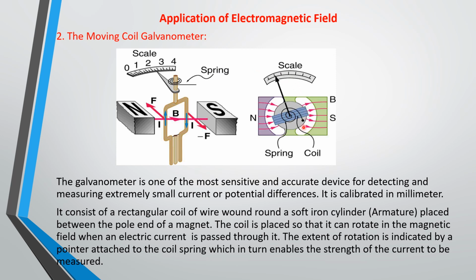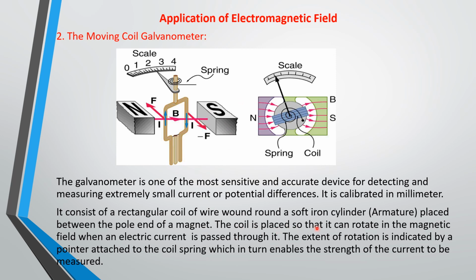What does the galvanometer consist of? It consists of a rectangular coil, just like the electric motor. If you look at the picture of this galvanometer, it is exactly like the electric motor. It consists of a rectangular coil wound on a rounded soft iron core called the armature, placed between the pole ends of a magnet, as in the picture here.